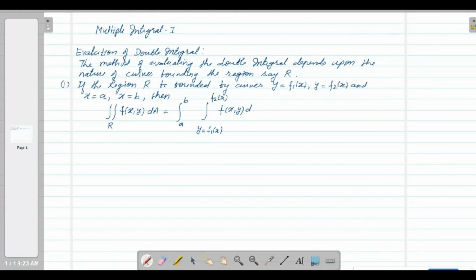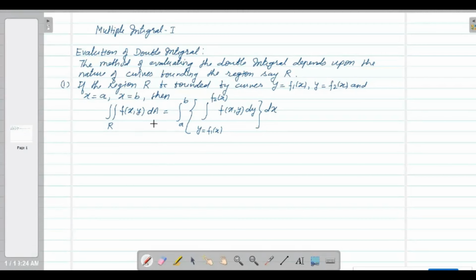We write dy and include this in the bracket, and dx. Here we will evaluate the inner integral first, then the outer integral later.